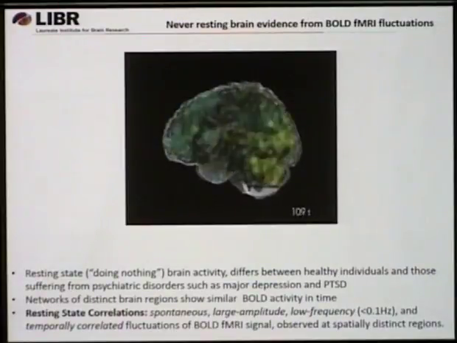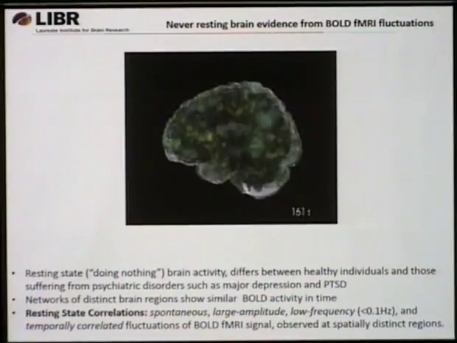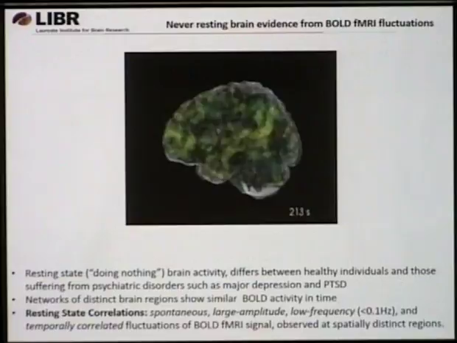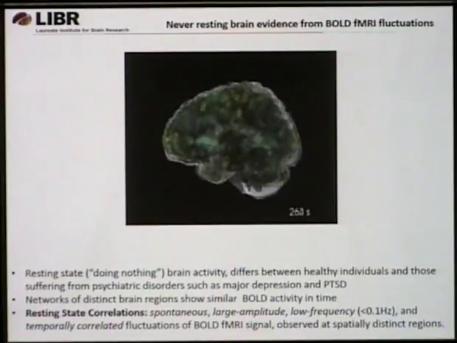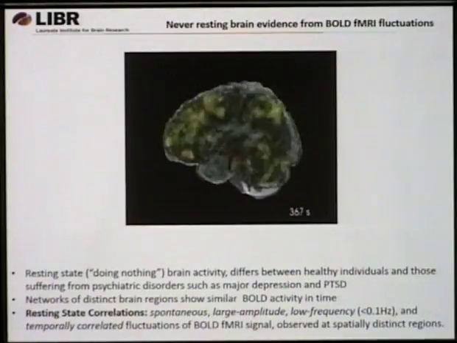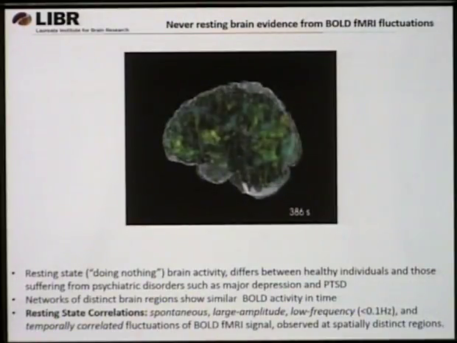What this shows you is activity inside the brain when the subject is doing nothing. We put the subject inside the magnet and tell him, sure, there will be no real task, you just watch the screen, there's a cross to fix your eyes on, and think about nothing in particular, and this is what we're getting.